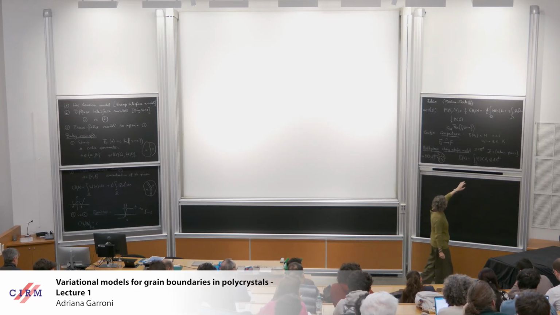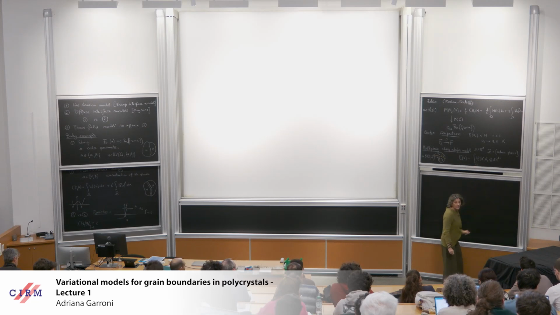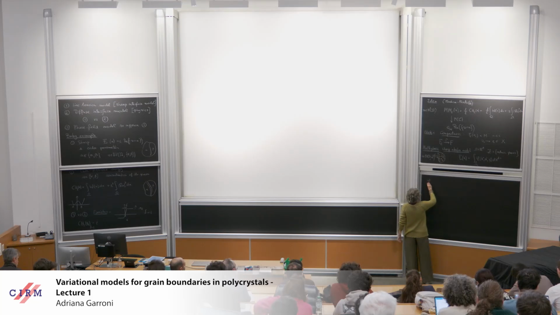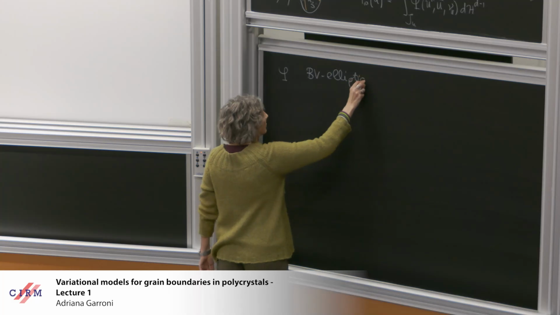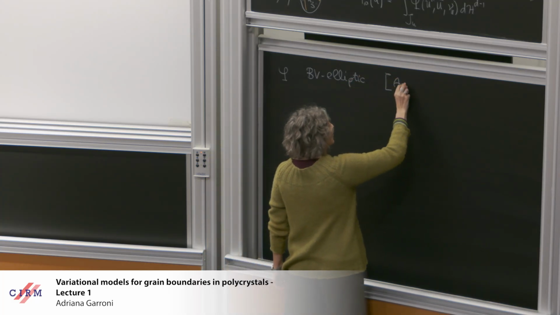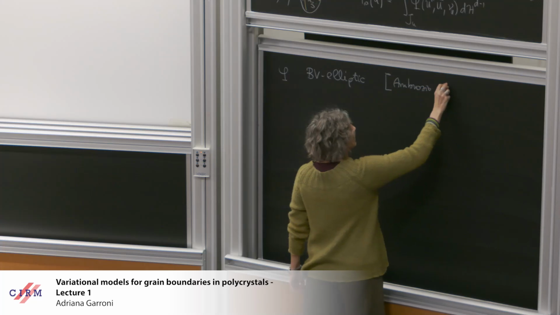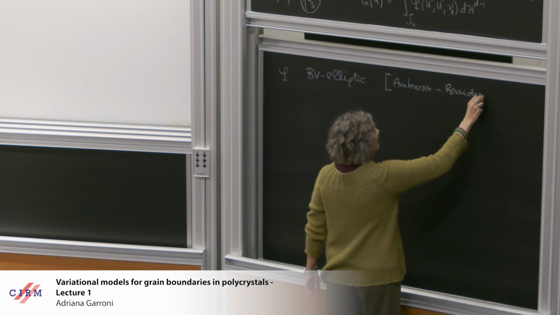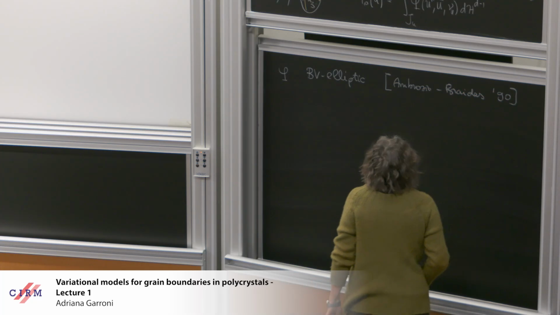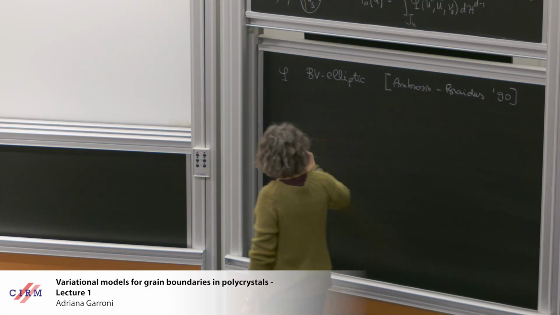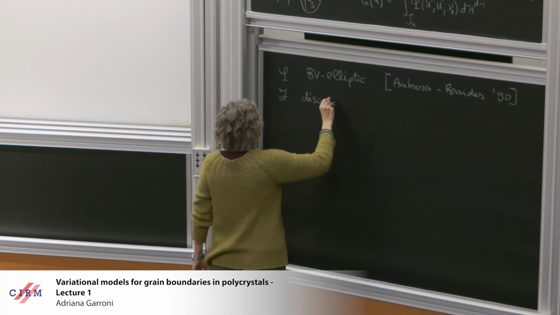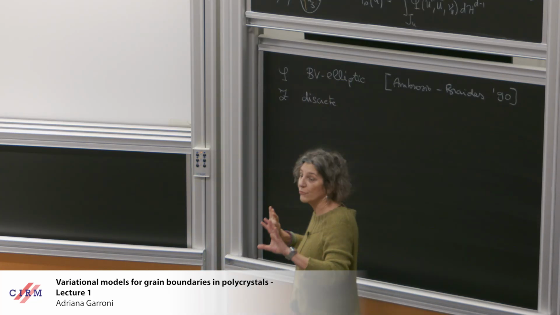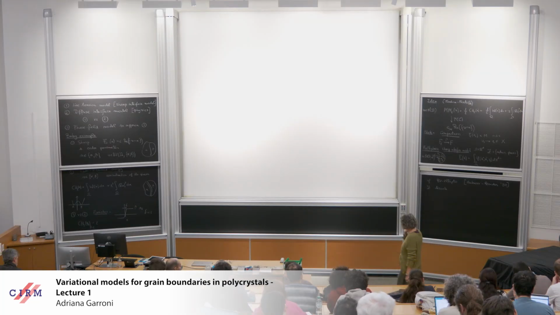The property that is needed for this energy density in order to make this problem lower semicontinuous is the so-called BV ellipticity. So phi should be BV elliptic. And this was introduced by Ambrosio and Braides in the 90s, specifically in the case in which Z is a discrete set.